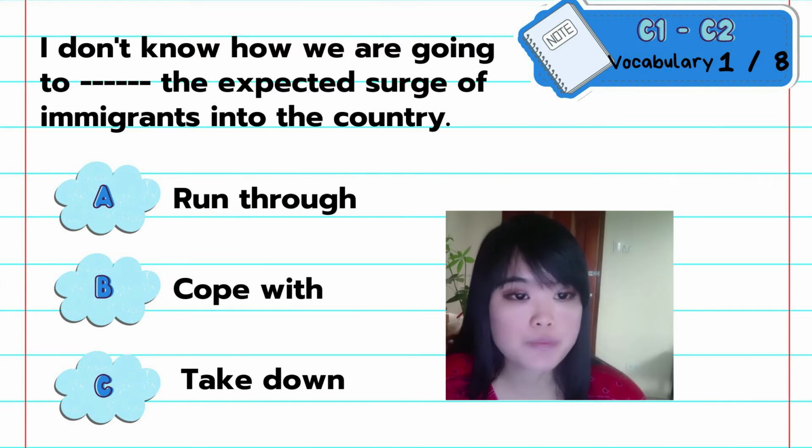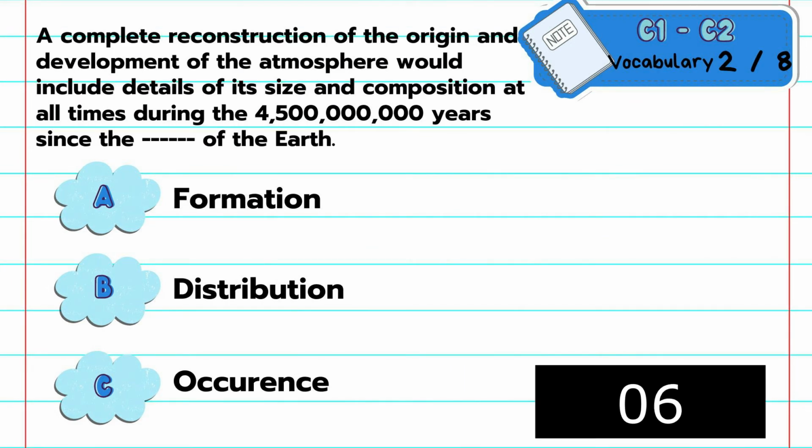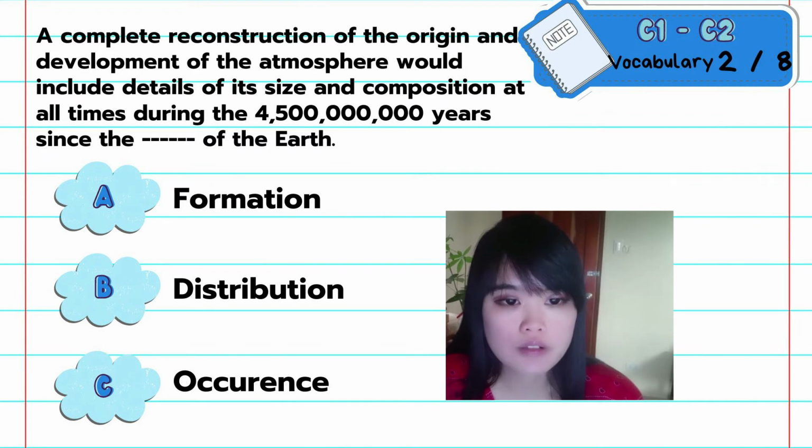The answer is B. Cope with. I don't know how we are going to cope with the expected surge of immigrants into the country. A. Formation. A complete reconstruction of the origin and development of the atmosphere would include details of its size and composition at all times during the 4,500,000,000 years since the formation of the Earth.